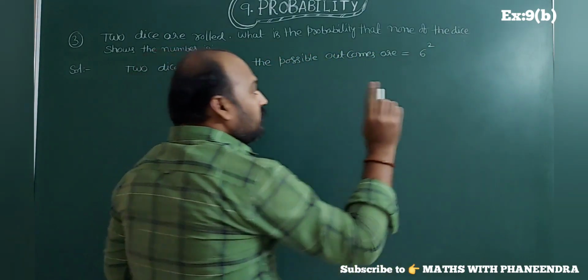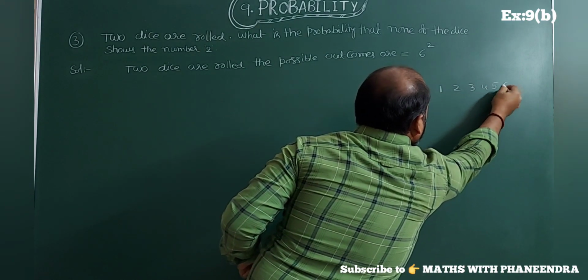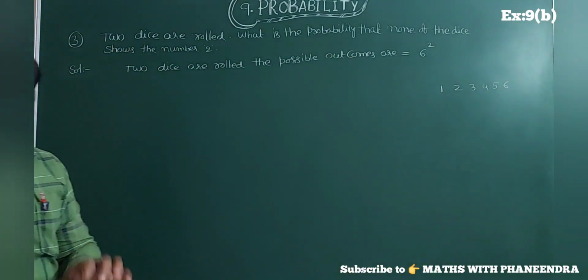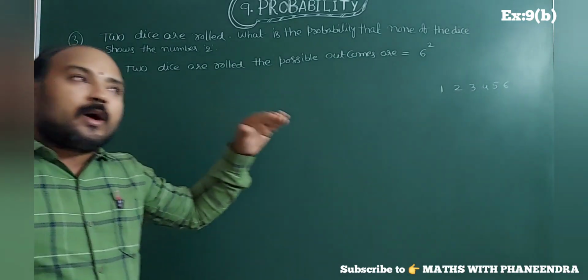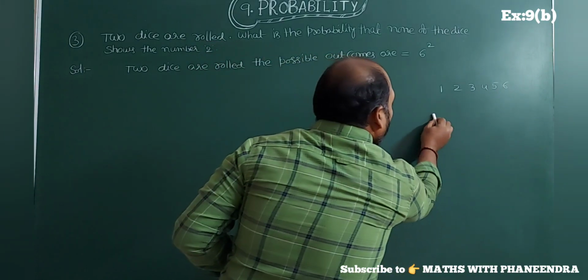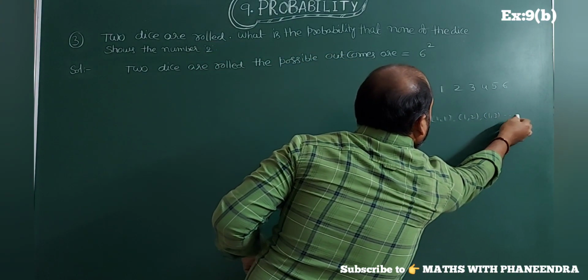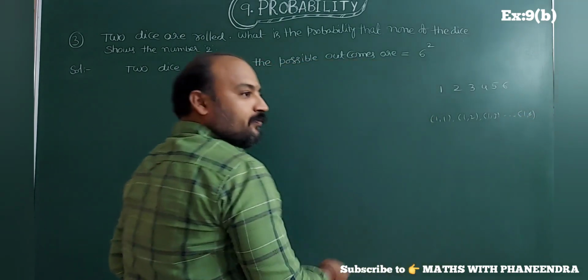If we throw a die one time, either 1 or 2 or 3 or 4 or 5 or 6, these possibilities are there. Twice if we do that, 6 square. Just as I am showing here, 1 comma 1, 1 comma 2, 1 comma 3, like this, and so on, 1 comma 6.